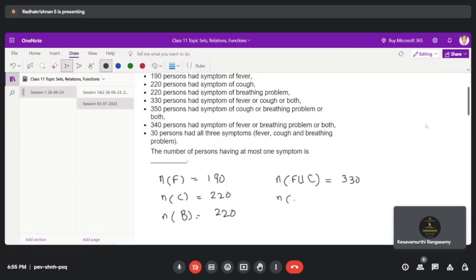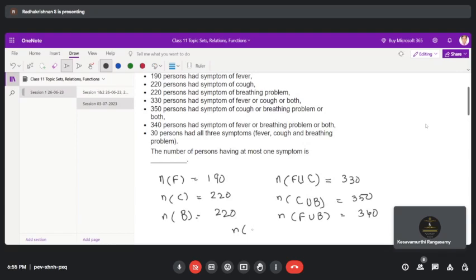Similarly, cough or breathing problem is C union B. Next is fever or breathing problem or both, F union B. Persons had all three symptoms.